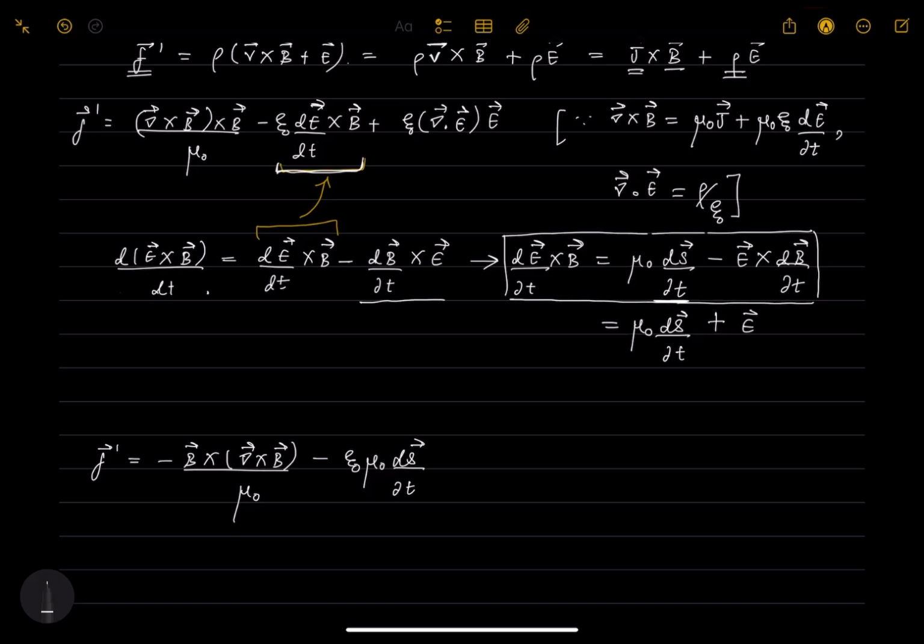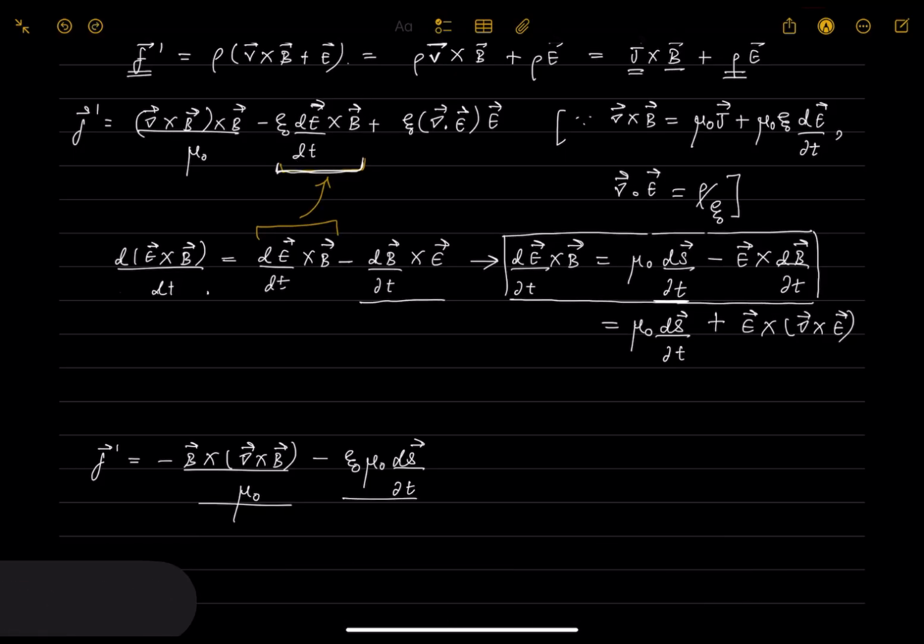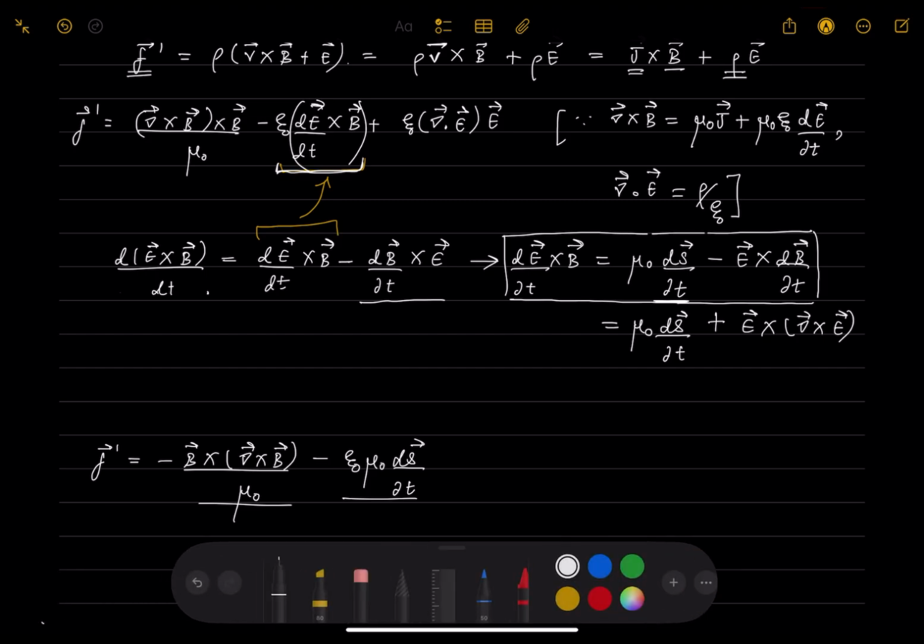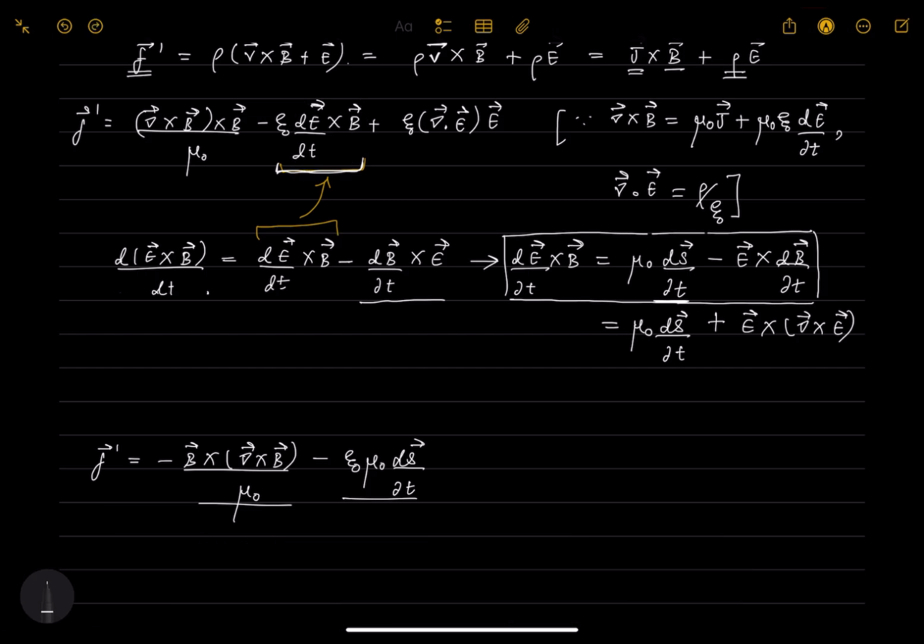So we're going to obtain something like E crossed with the curl of E. So we've got this term, we've got the second term replacing the time derivative of E crossed with B. That's epsilon naught times E cross the curl of E, plus we write the final term, epsilon naught times the divergence of E times E.